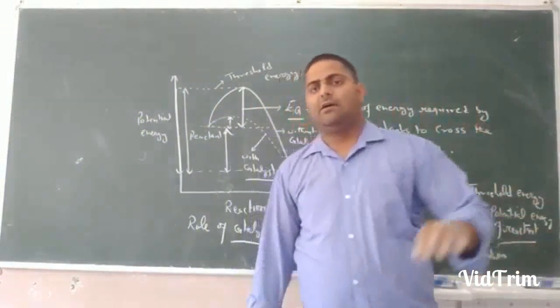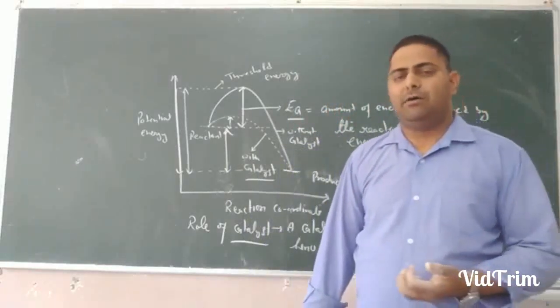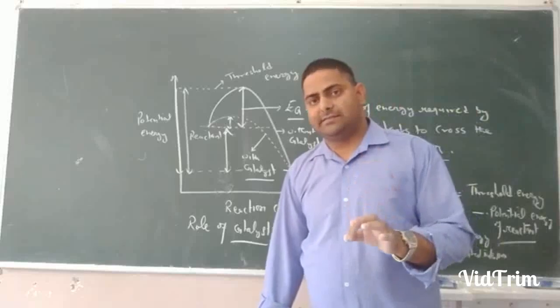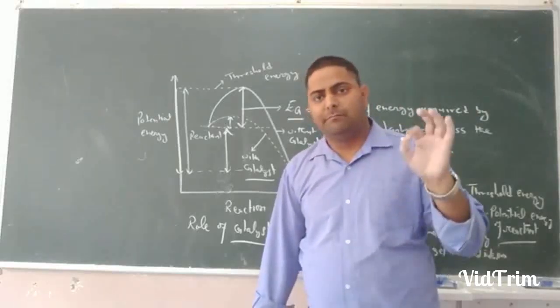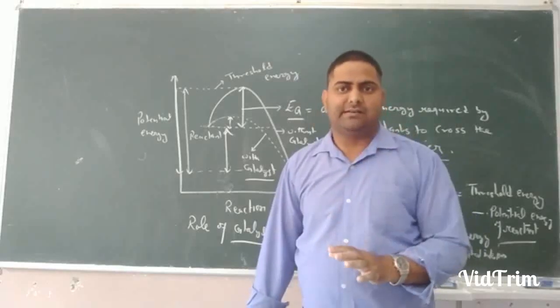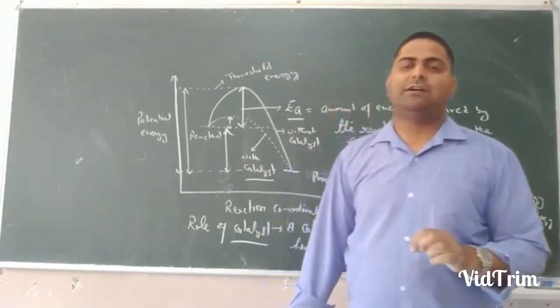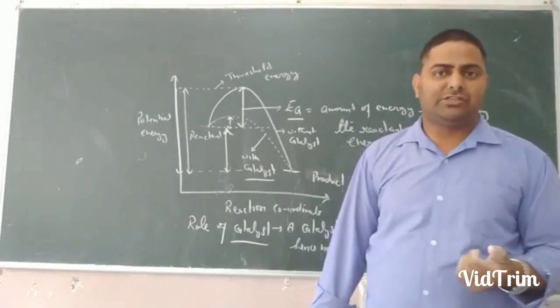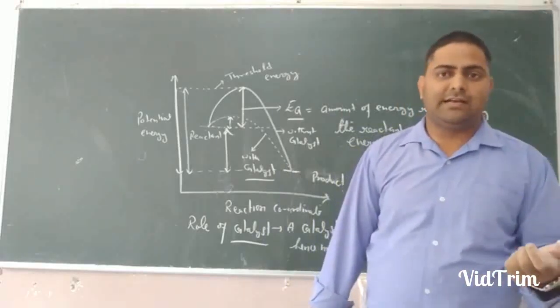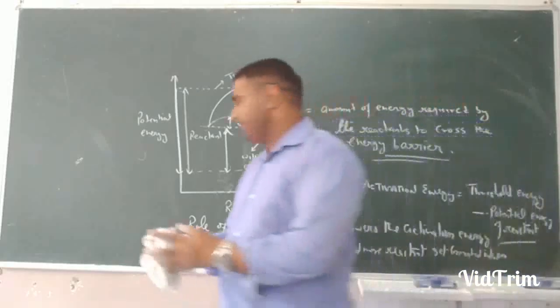Now, let us see what is the effect of temperature. It has been found that in most of the cases, the rate of the reaction becomes double for each 10-degree rise in temperature. Arrhenius was the first scientist who gave the relation between the rate constant and temperature with activation energy.